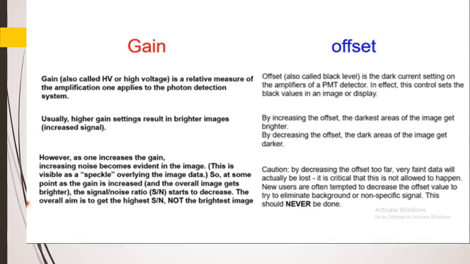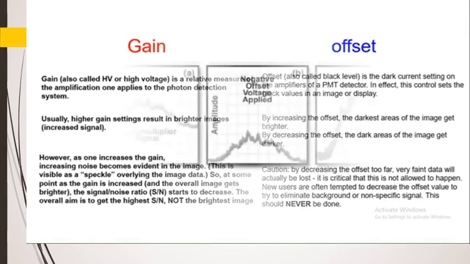Later while we discuss the detectors, we would understand the basis of increasing gain. But increasing gain means increasing voltage across the PMT electrodes. Offset means addition of negative or positive voltage. Now if I give you an example, these things would be clearer.